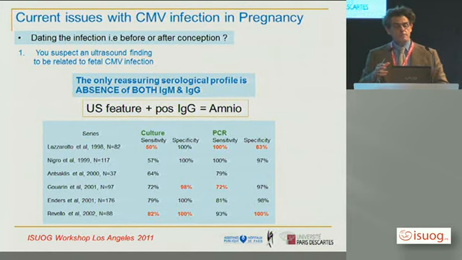So, ultrasound picture, and if you want to know which infection to target, you do a maternal serology. The only thing you need to suspect further the infection is the presence of IgG.